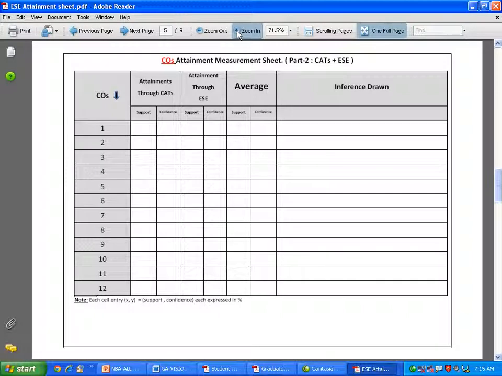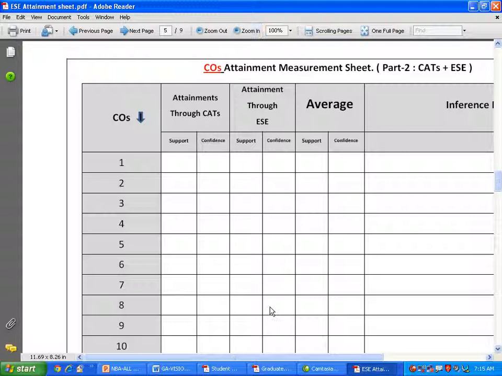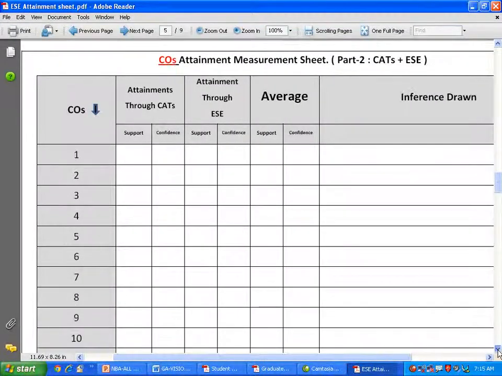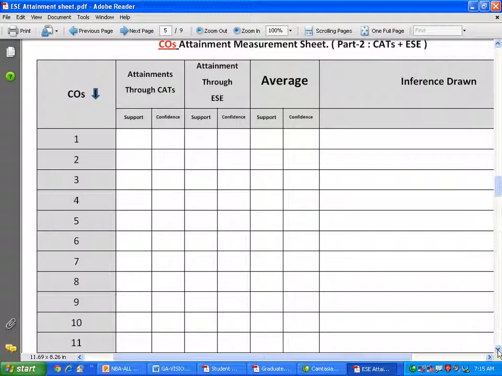Here, this is the summary of the attainment done at the internal examination level and the end semester examination level. This is part 2. It includes both internal continuous assessment tests and end semester examinations.